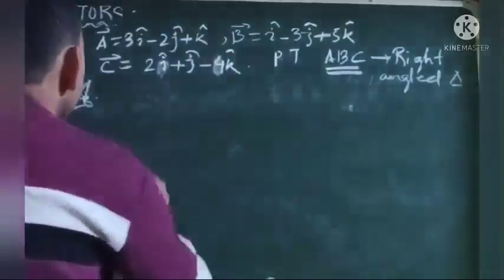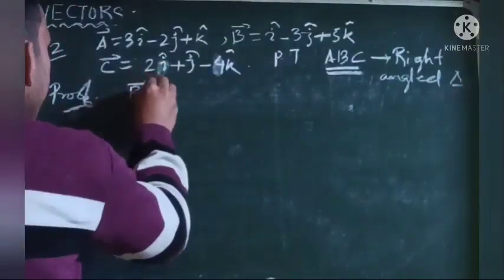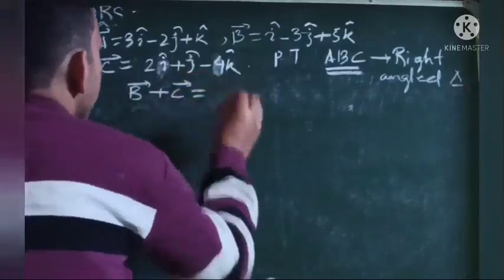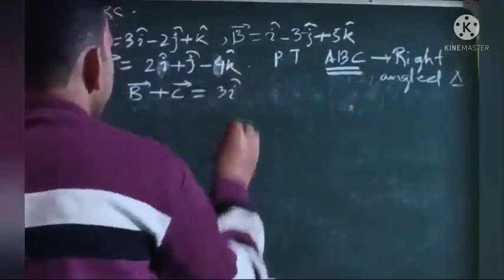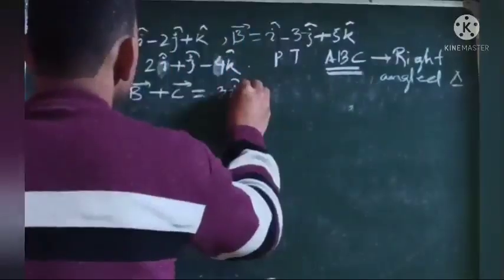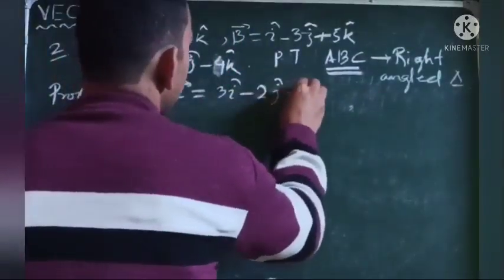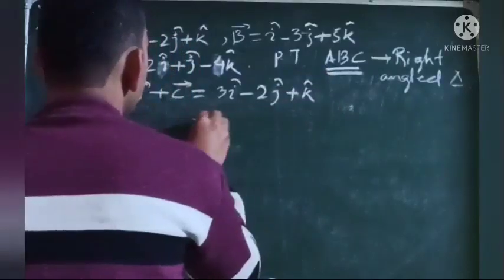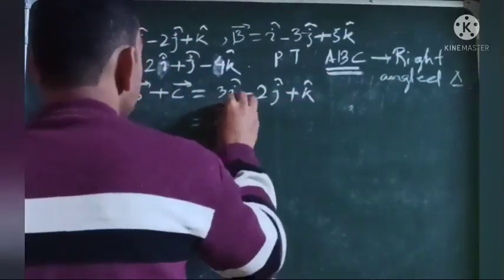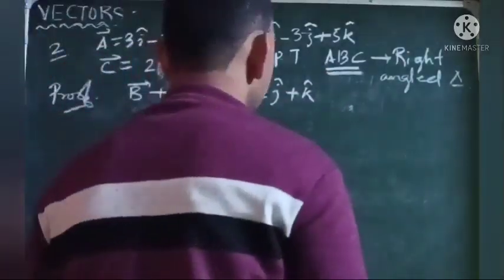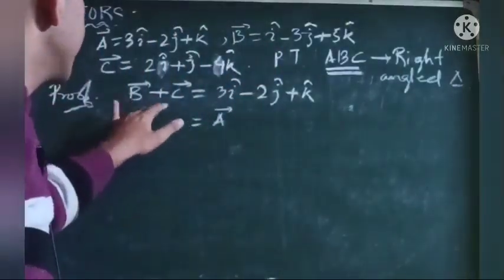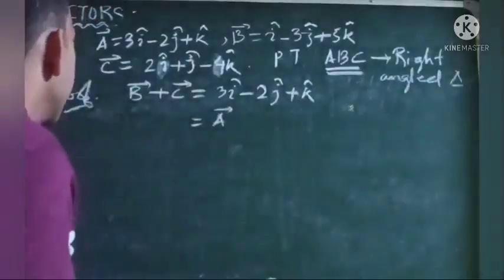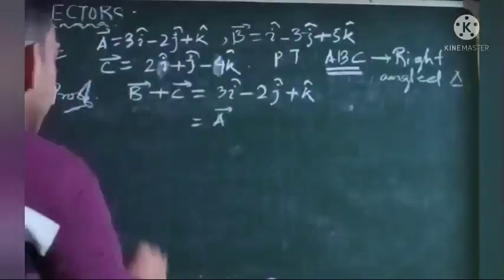Now, by observation, we can see that B vector plus C vector is basically 2 plus 1, 3i cap minus 2j cap plus k cap, which is equal to A vector. Therefore, we have proved that the sum of two of the given vectors is equal to the third vector. Therefore, ABC constitutes a triangle.